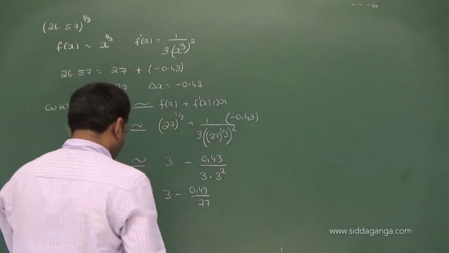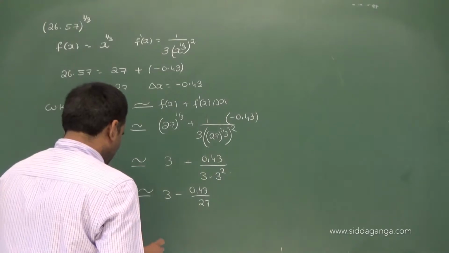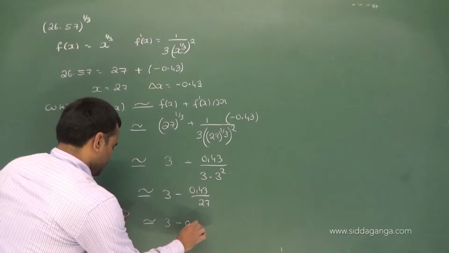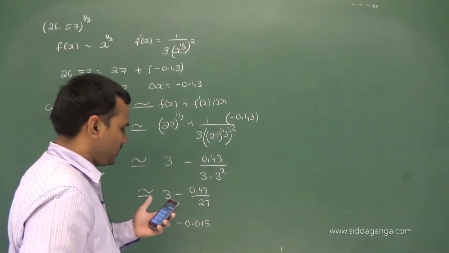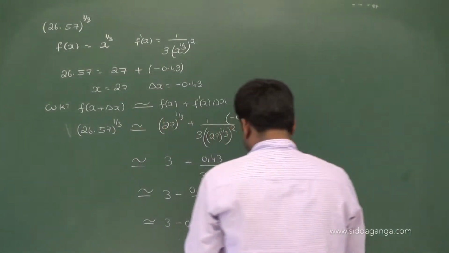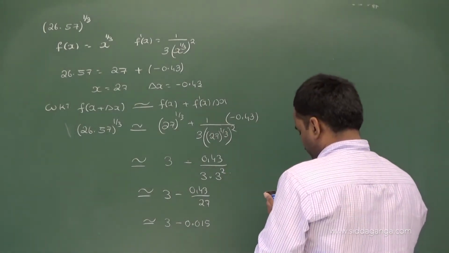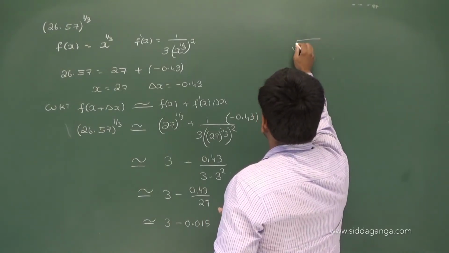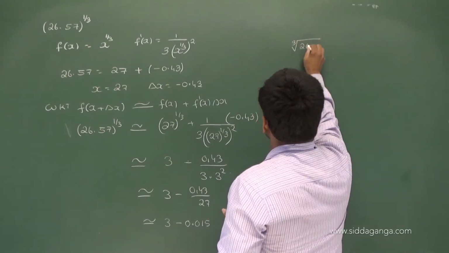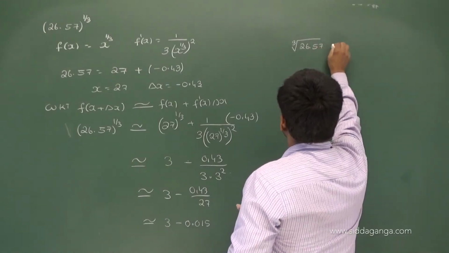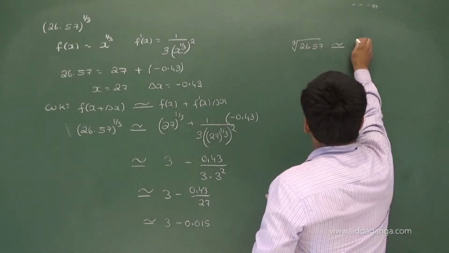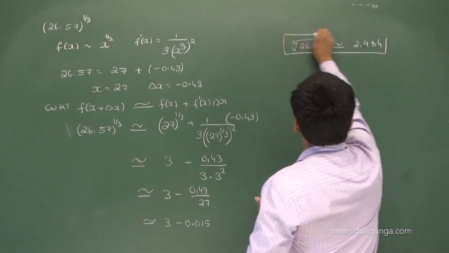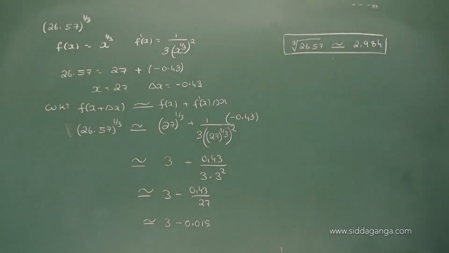0.43 divided by 27 approximately equal to 3 minus 0.015. So this cube root of 26.57 is approximately equal to 2.984.